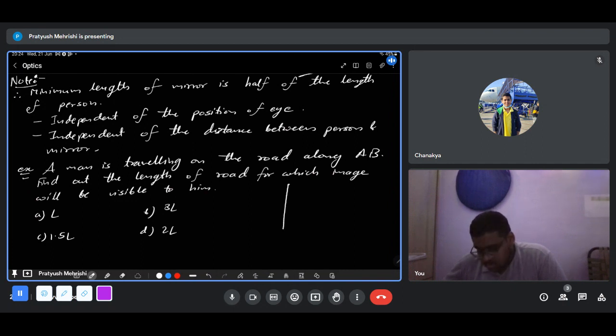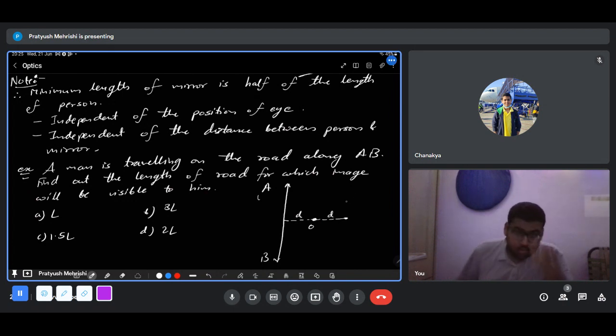This is the road AB. This is point O. The distance is 2D. At this distance, a mirror of length L is kept. This is DE. Draw it now and solve it.